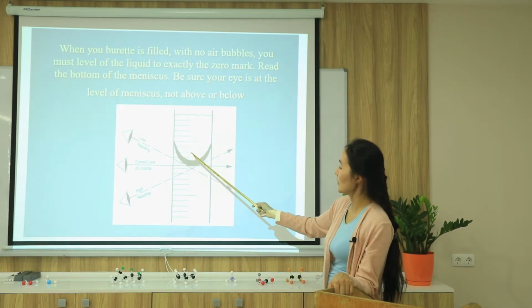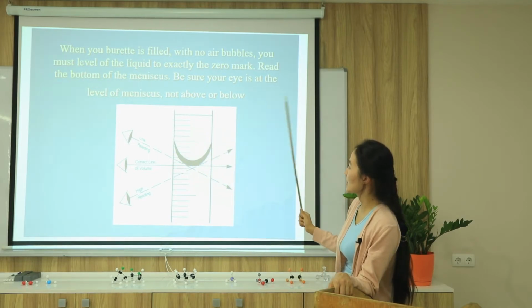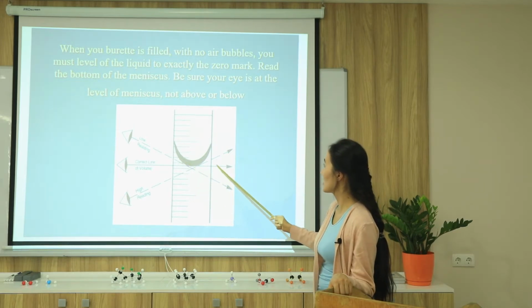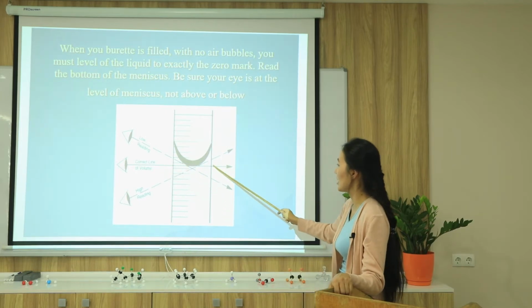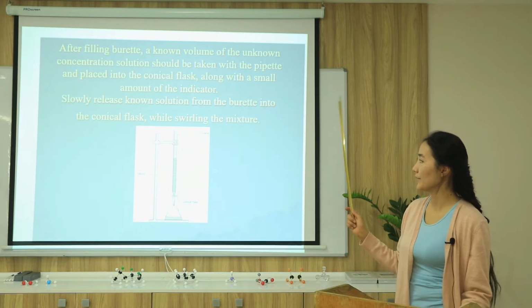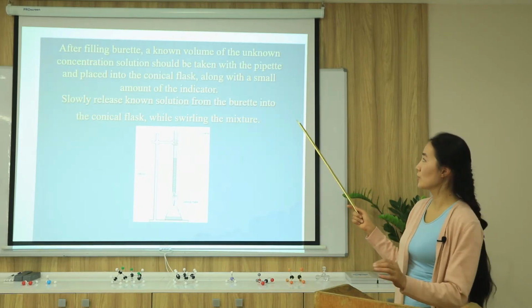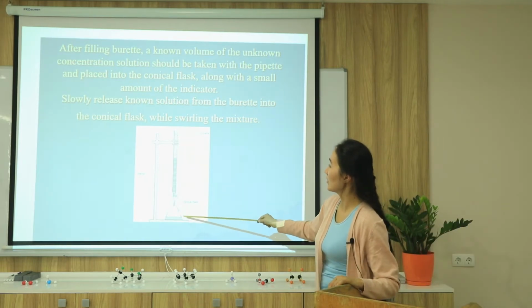When your burette is filled with no air bubbles, you must level the liquid exactly to the 0 mark. Here is the level of the meniscus: not above, not below, just in line, the correct line of the volume. Next, after filling the burette, a volume of the unknown concentration solution should be taken with the pipette and placed into the conical flask.